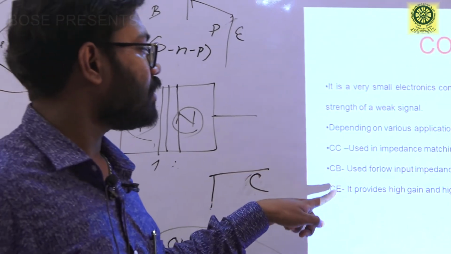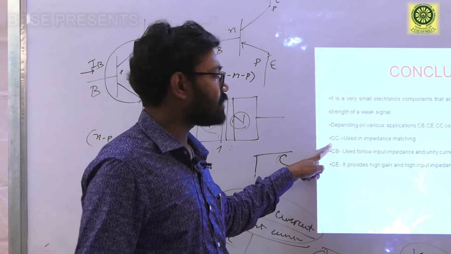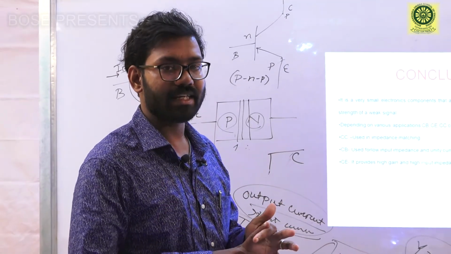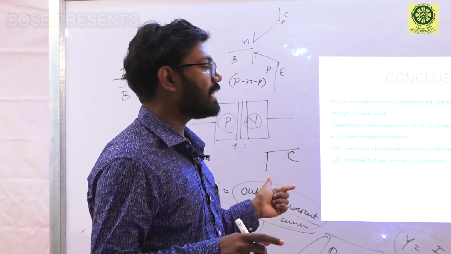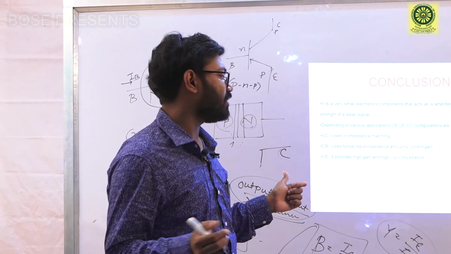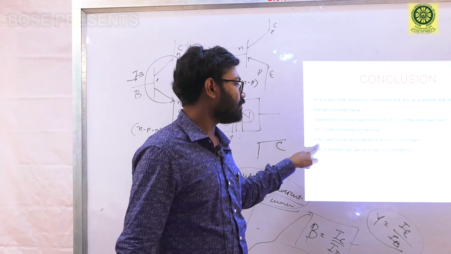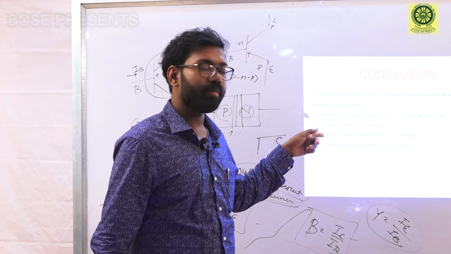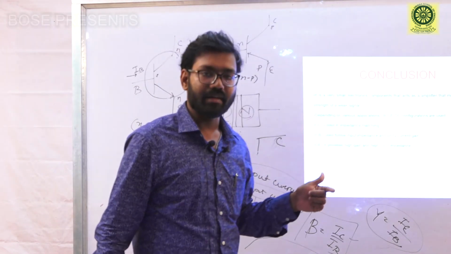When we consider the CC configuration, it is used for impedance matching. In impedance matching circuits, we basically use the transistor in common collector configuration. The CB configuration is used for low input impedance and unity current gain.